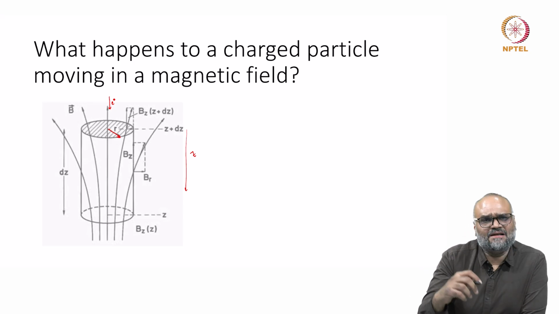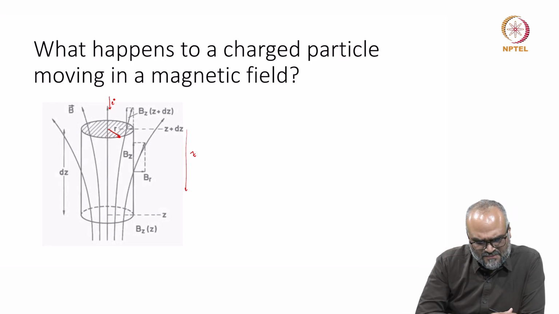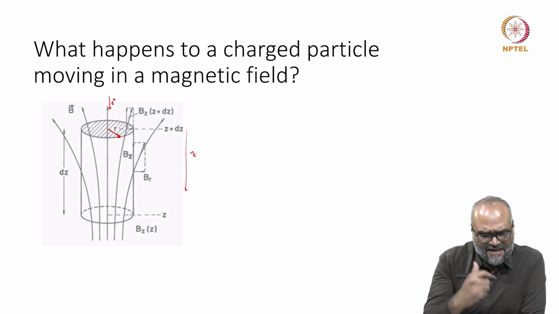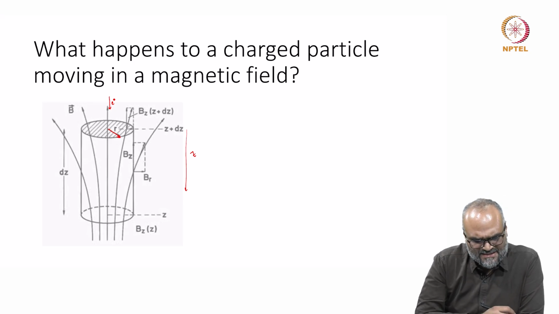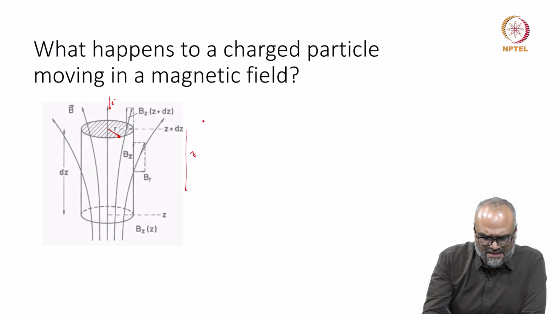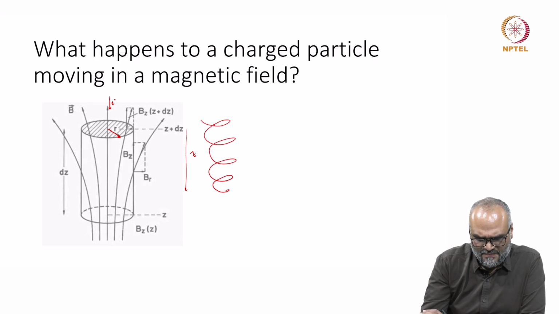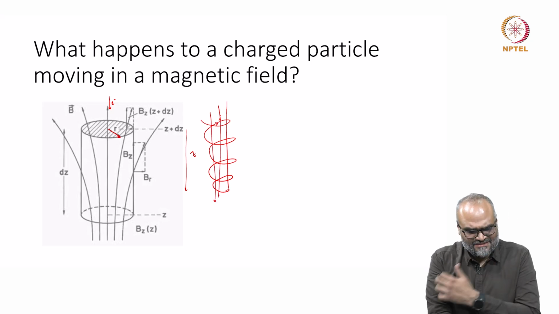So the magnetic field is typically along the axis of the microscope column, and you also have a radial magnetic field. How do you get this kind of magnetic field? You typically use a current carrying conductor, let us say copper, wound like a solenoid with a current flowing through it, and what you have is a magnetic field created in the vertical direction.